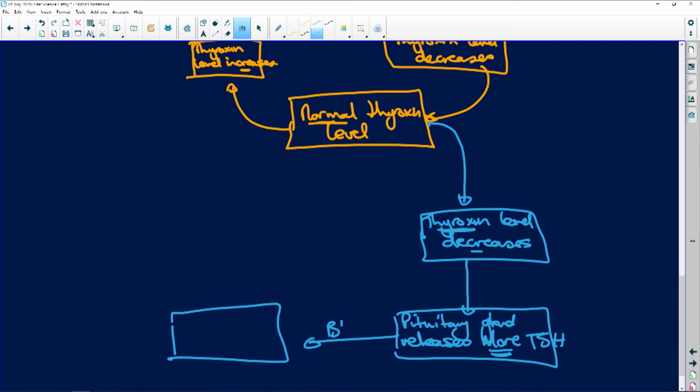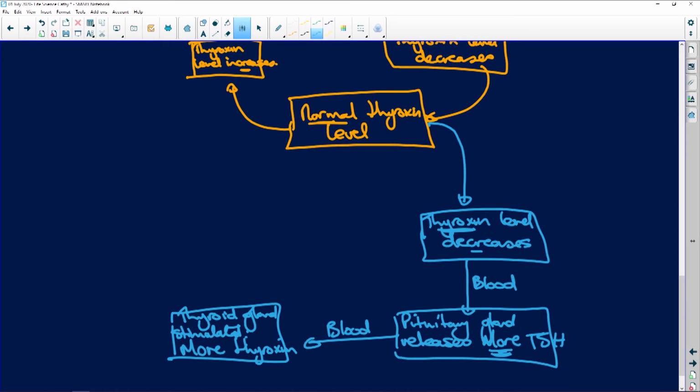So this is in the blood, and this is in the blood. Okay? So there's more thyroid stimulating hormones. So the thyroid gland is stimulated, and it therefore releases more thyroxine.